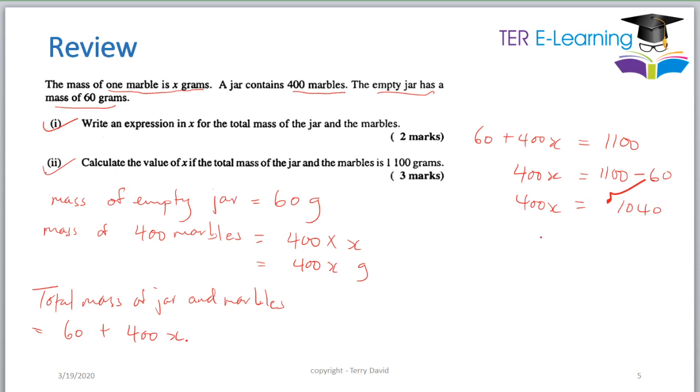So therefore x is equal to 1040 divided by 400, and therefore x becomes 2.6. So x is 2.6, and since x is mass, you can leave our answer as 2.6, or it's really 2.6 grams.